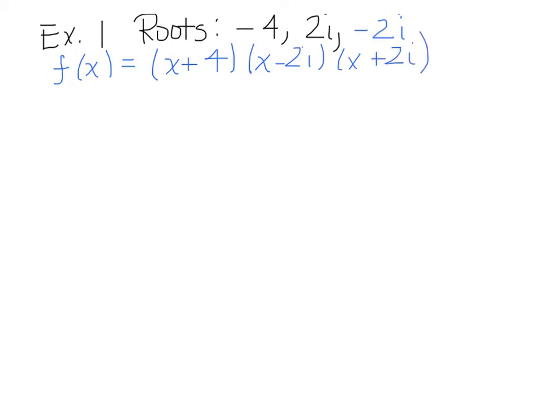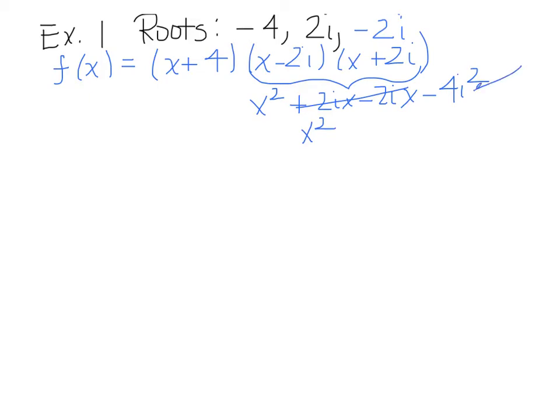I would suggest you FOIL the imaginary numbers first. So you're going to get x squared plus 2ix minus 2ix minus 4i squared. Well, the middles should cancel if you did it right. Don't forget that i squared equals -1. So -1 times -4 is +4.